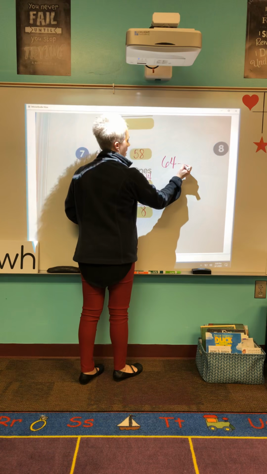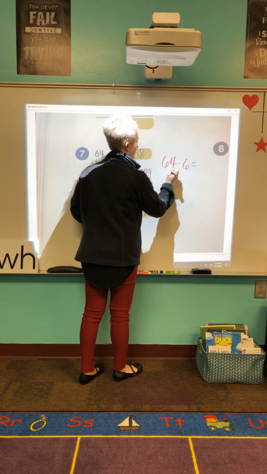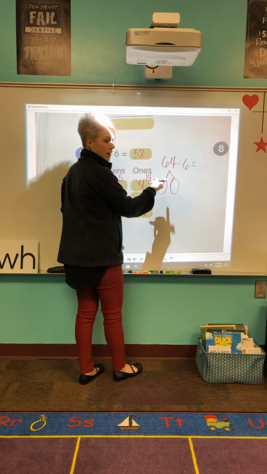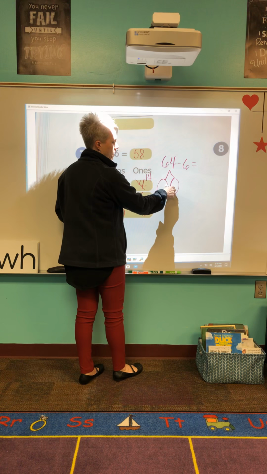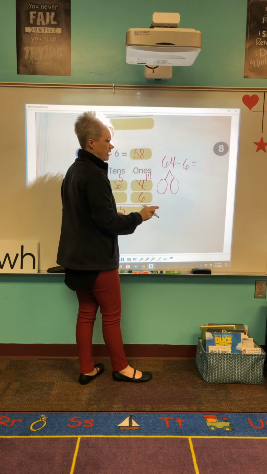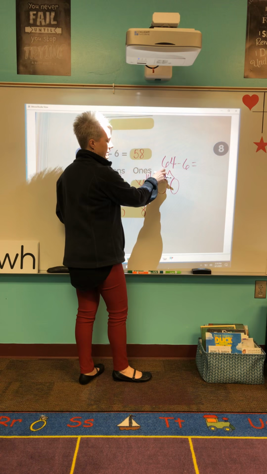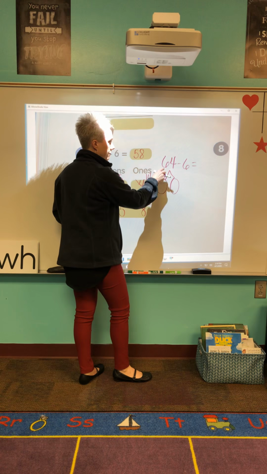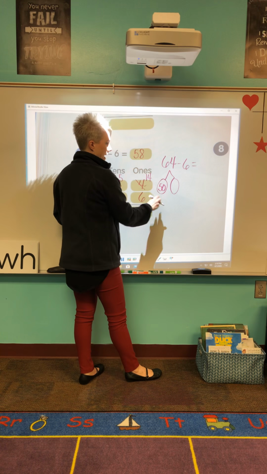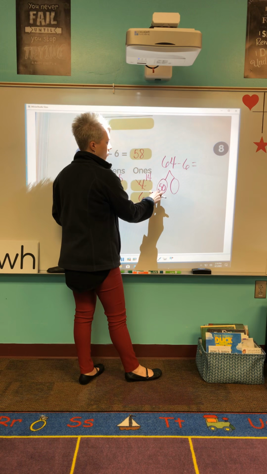Okay, we can also branch this out. 64 minus 6. Now remember, I can't break it down to 60 and 4 because when I circle up, I can't say 4 take away 6. I can't do that. So I have to back this 6 up to a 5, and this becomes 50. Okay, I have 5 tens and 0 ones.